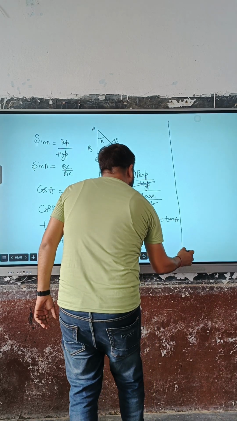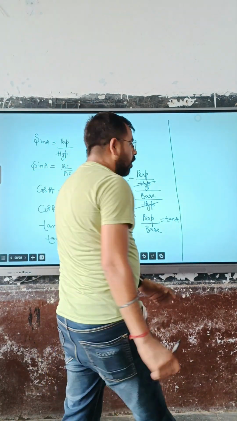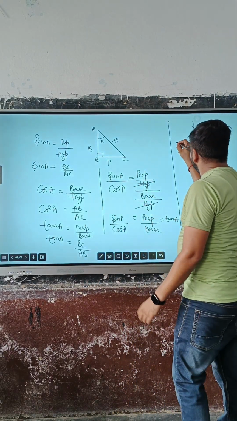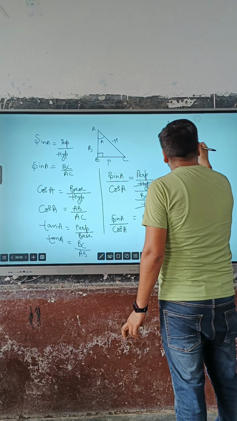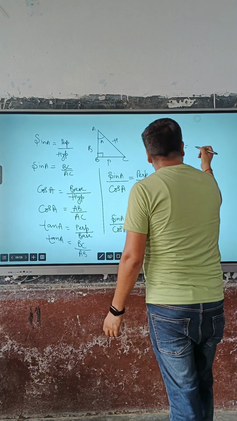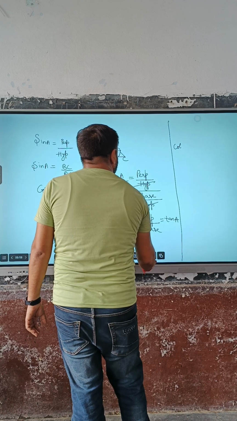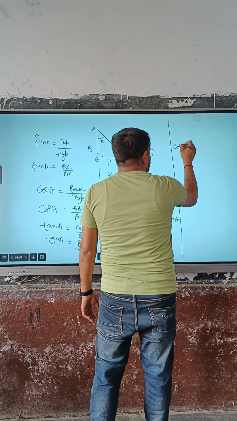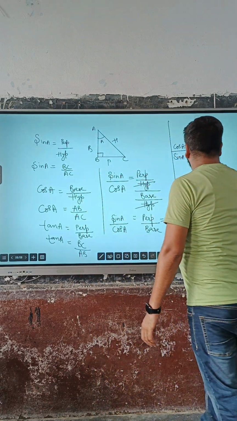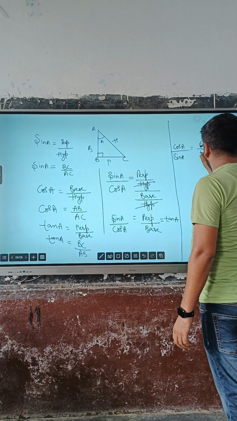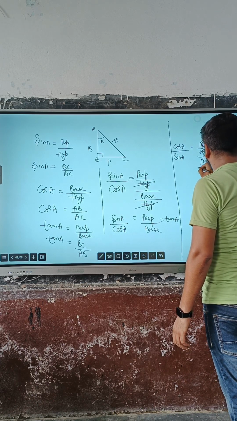Similarly, we describe the relation of sin and cos with cot of the angle. When we divide cos of angle A by sin of angle A, cos of angle A is base upon hypotenuse and sin of angle A is perpendicular over hypotenuse.